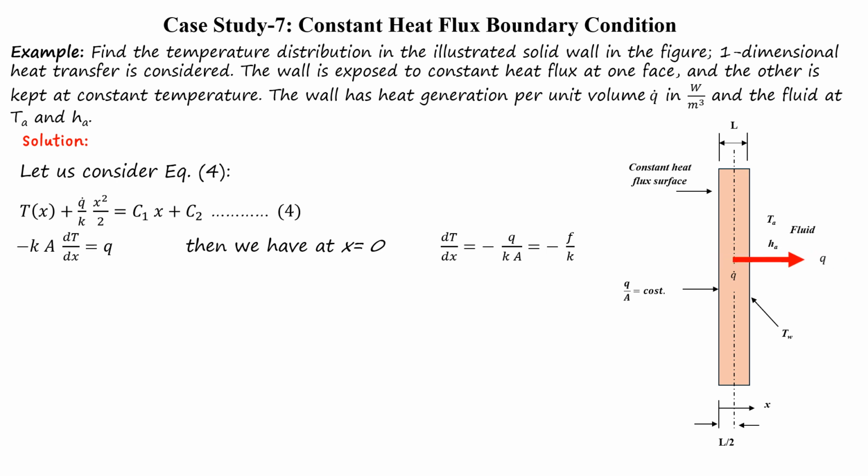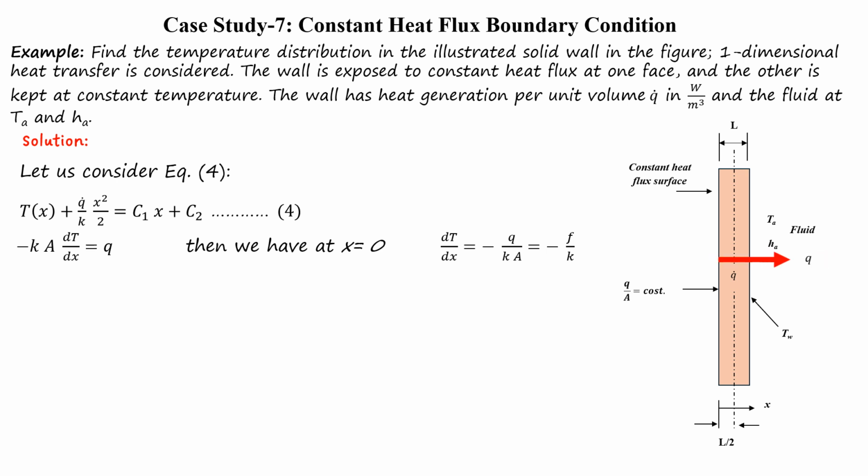And if we apply the heat flux at the surface, then we will have dT by dx equal to minus q divided by kA, equal to minus F divided by k, and that means q divided by A is the heat flux that is directed to the surface.